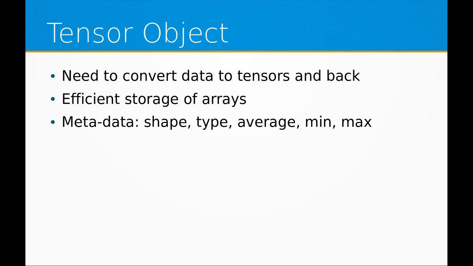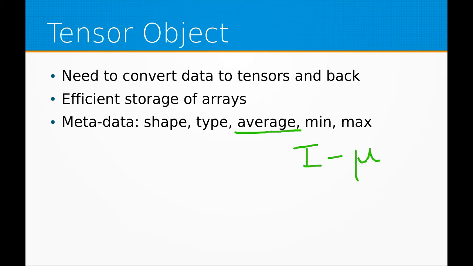For example, you could have the average for tensors because in images, one of the common pre-processing steps is you take images and you subtract the mean across all the images, so that it's in a finite range instead of expanding in the entire range.